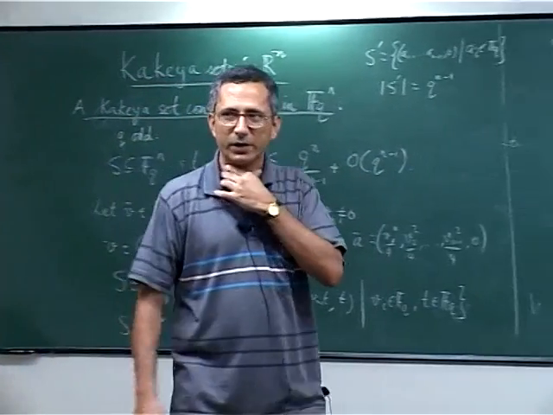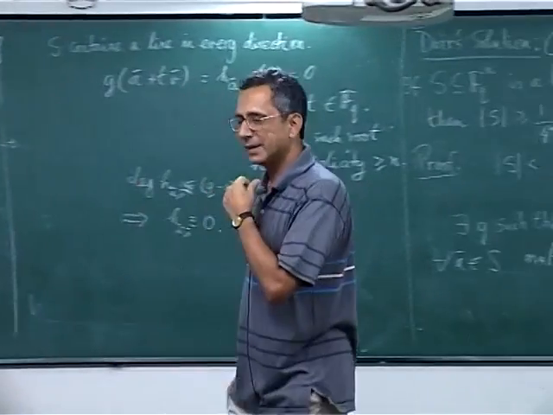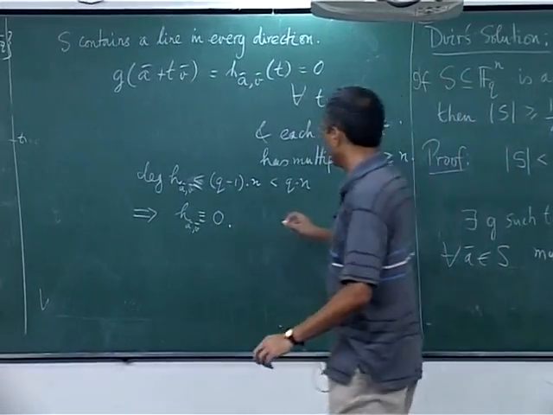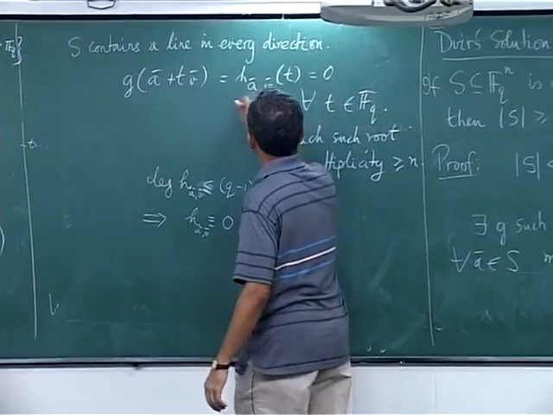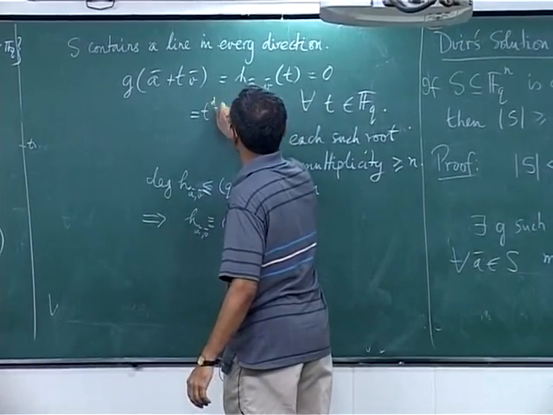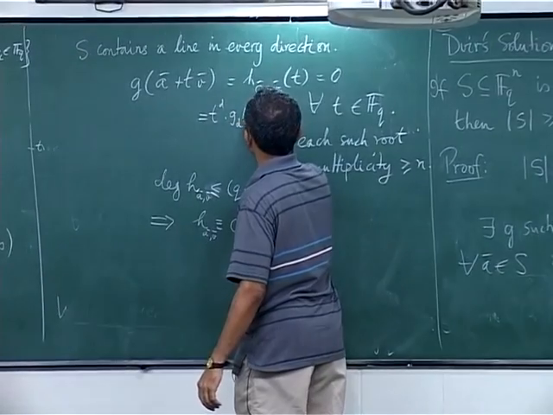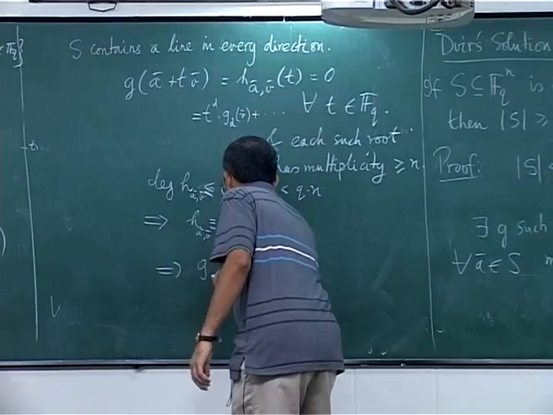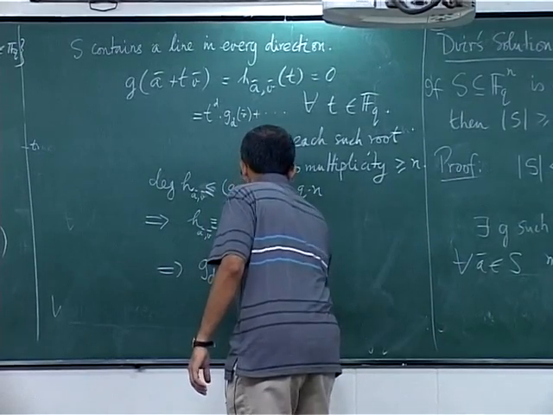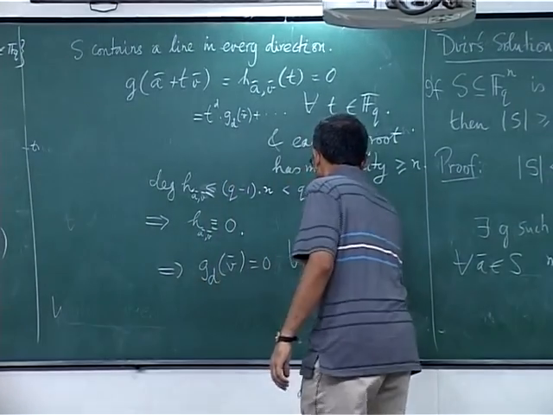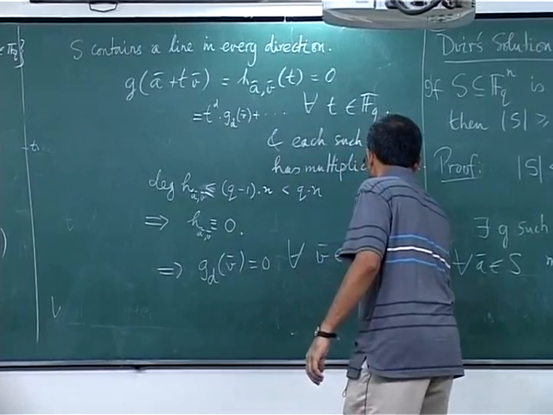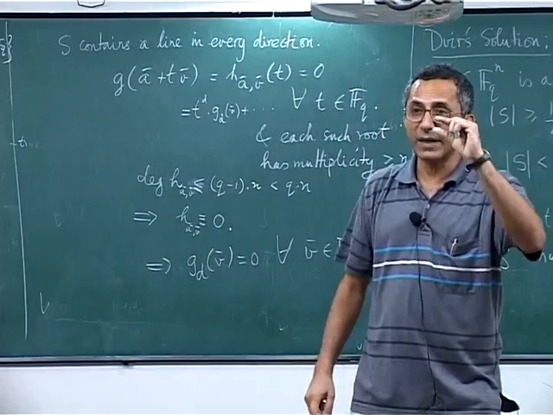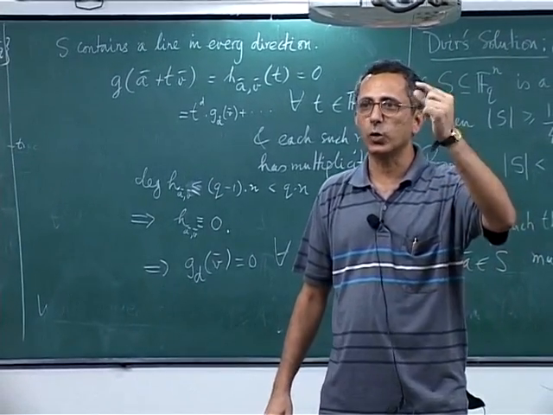The coefficient of t power d is gd of v, the homogeneous leading part again. So h looks like t power d times gd of v bar plus lower terms. This means gd of v bar is 0 for all v bar. But gd in every variable has individual degree at most q minus 1.